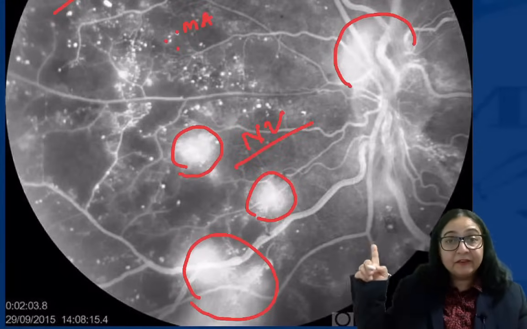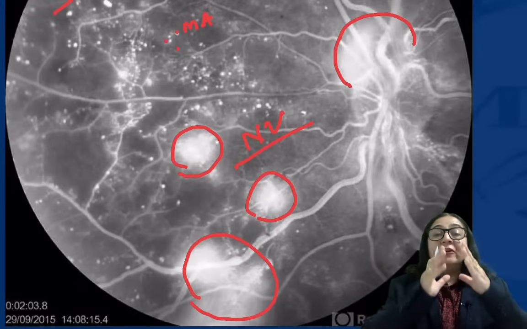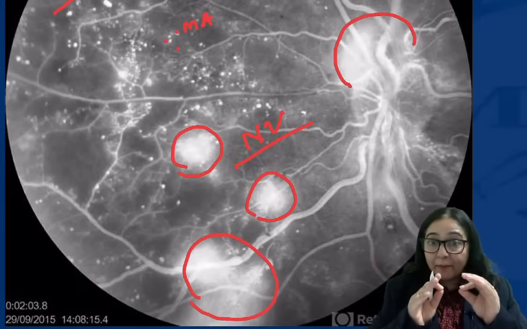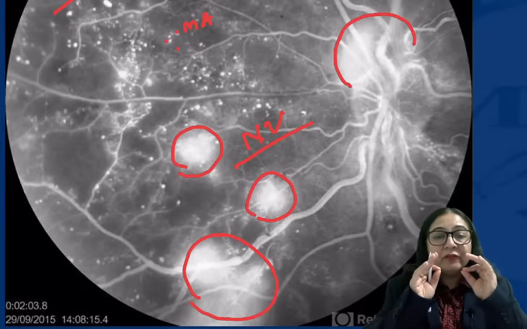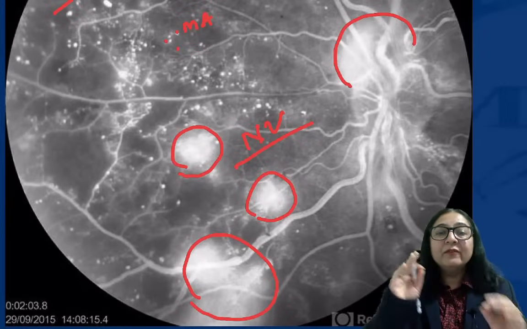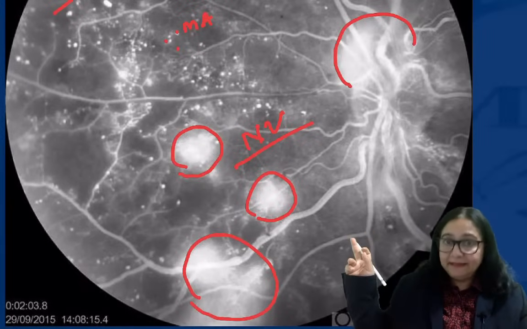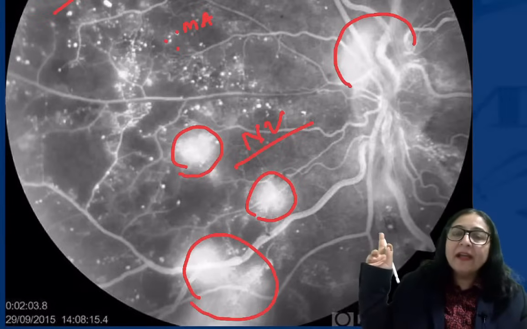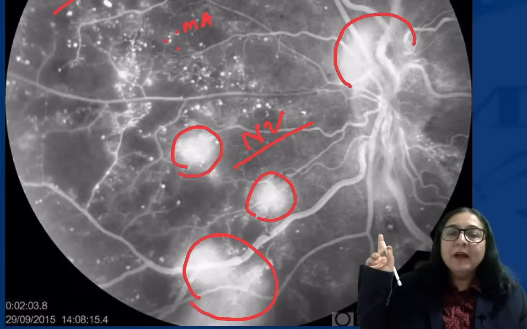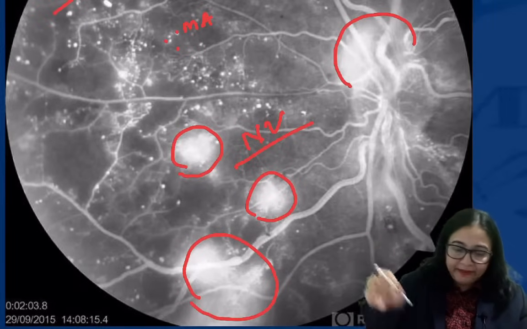These are the areas of neovascularization, because new blood vessels are abnormal, they are not strong walled, so for that reason they will leak the dye. So that is how FFA will confirm proliferative diabetic retinopathy.